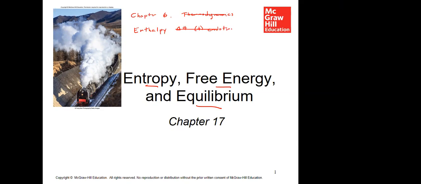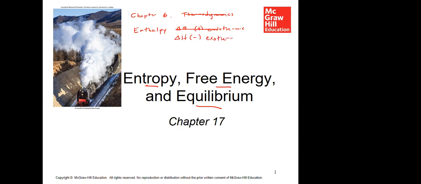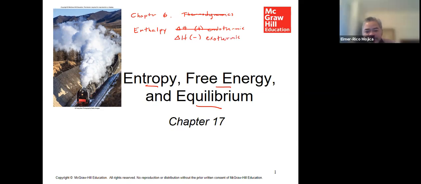Endothermic. And if the delta H is negative, you have what we call an exothermic reaction. Endothermic is where energy is absorbed by the given system during the reaction, while exothermic is where energy is released or given up by the system.